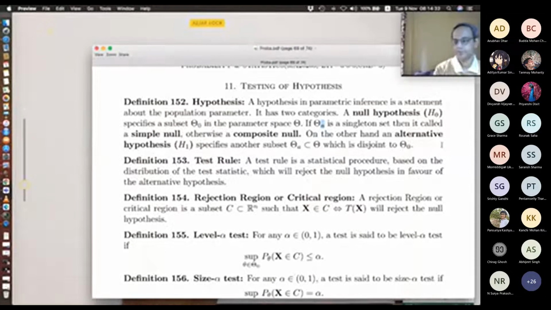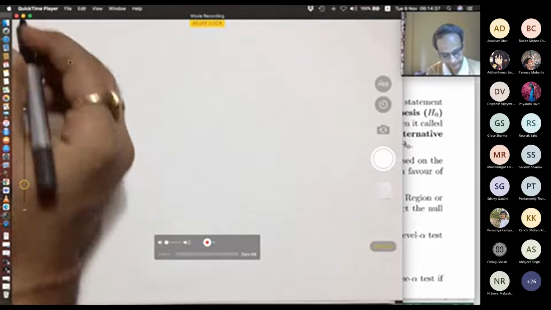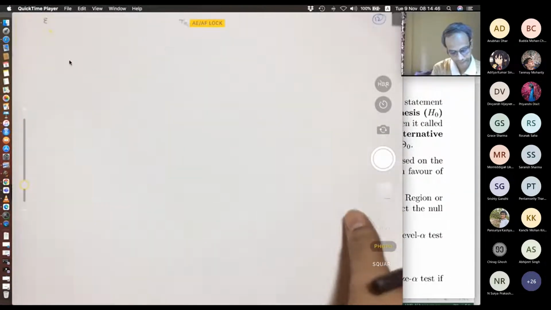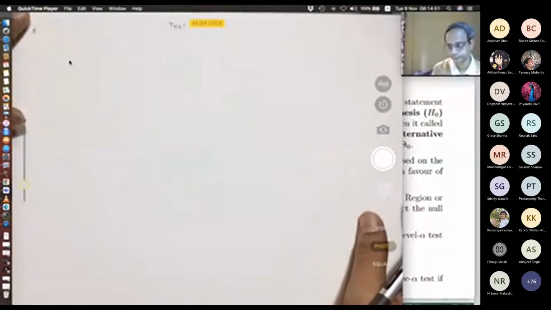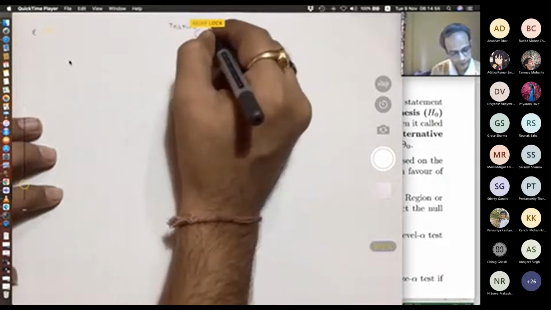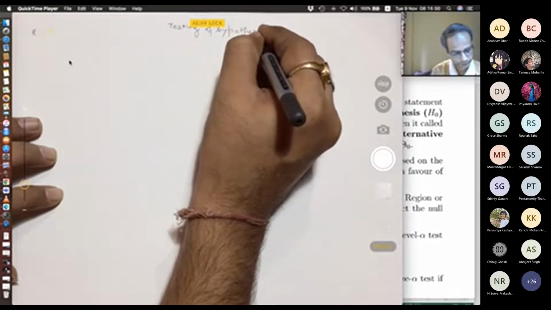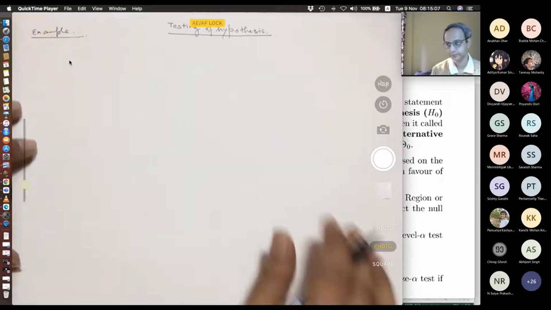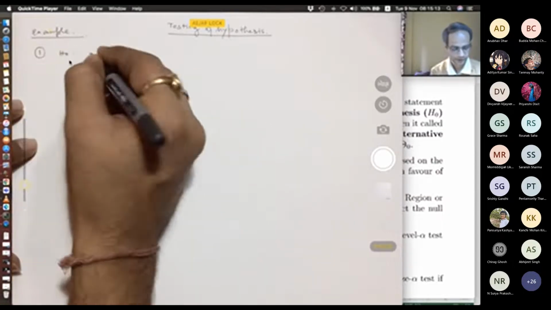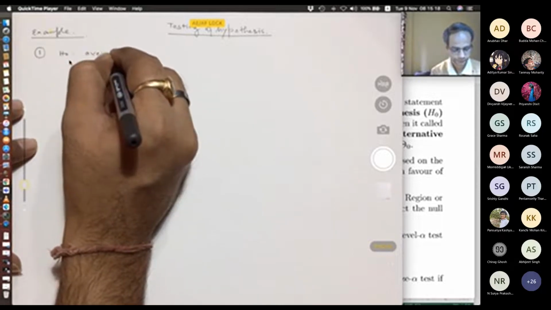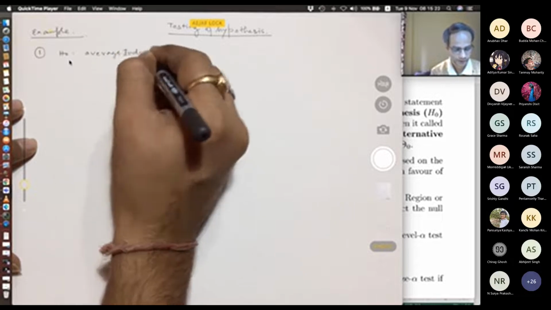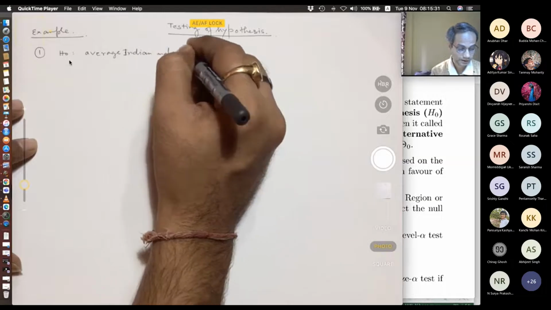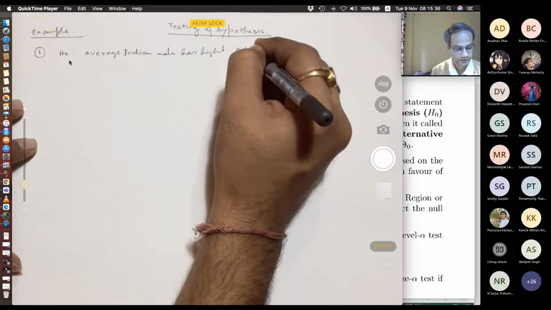Okay, so for example, if we say that in testing of hypothesis, I state that H naught: the average Indian male has height 5 feet 6 inches.